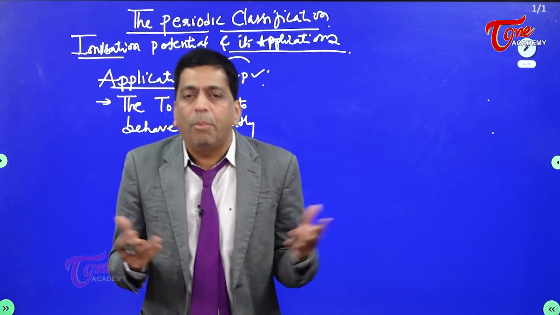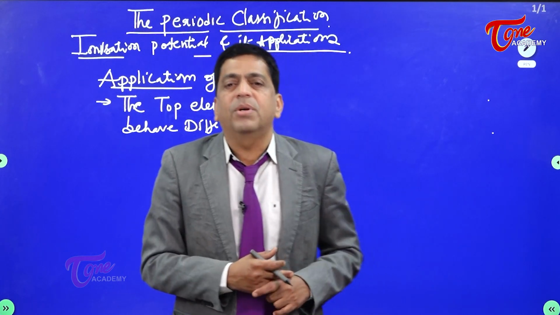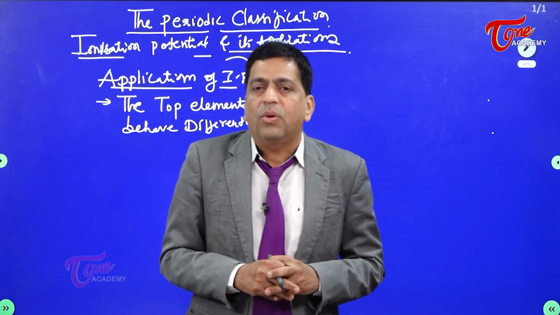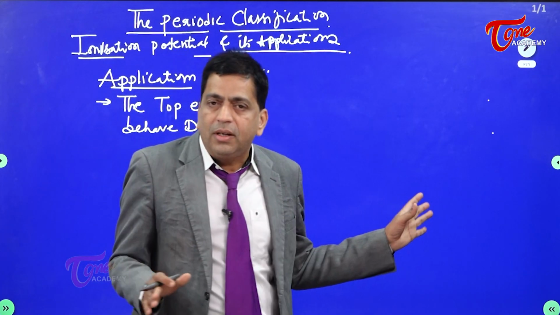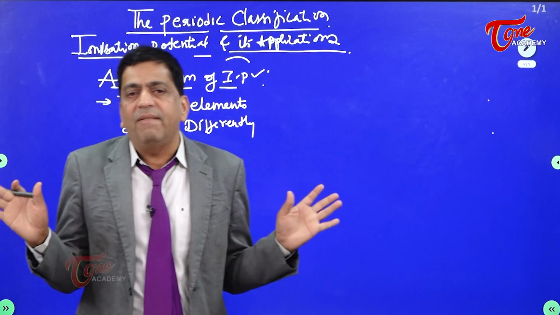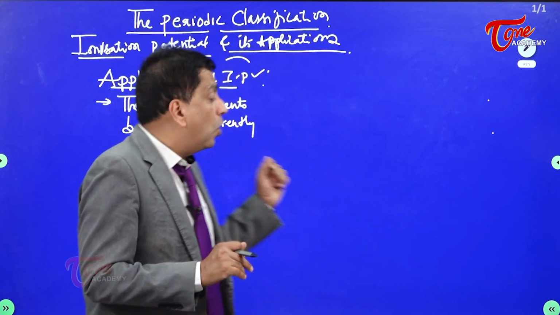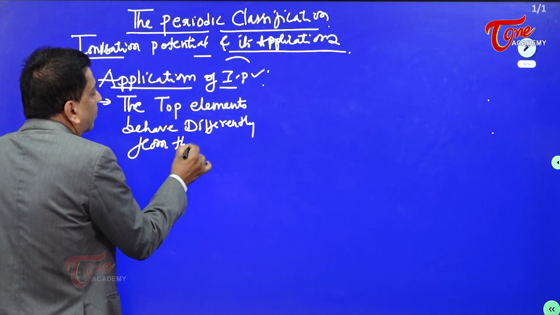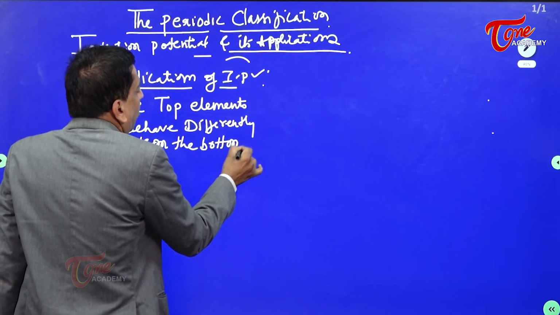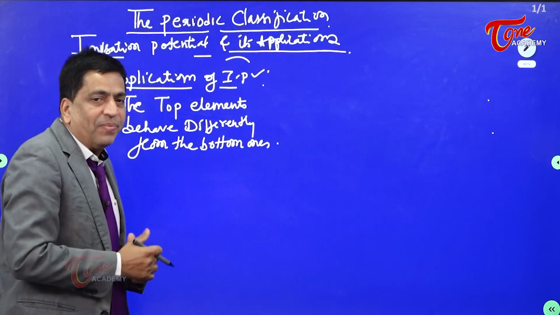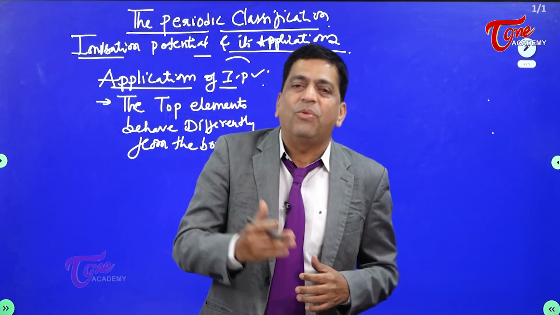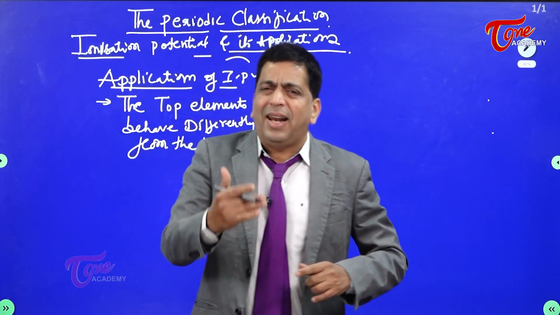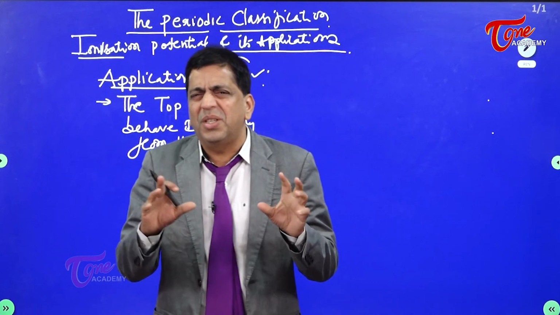I'm referring to their physical and chemical properties, that's all. In all the 18 groups in the modern periodic table, the top elements behave differently from the bottom ones. The top ones have clear, obvious properties, and the last three elements will have almost similar properties.